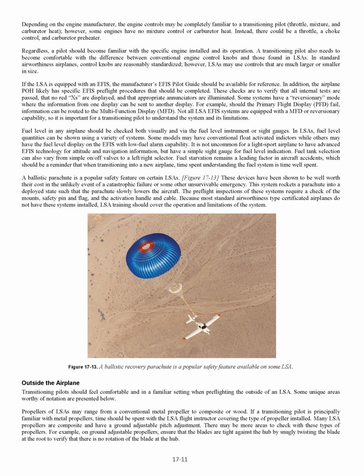Depending on the engine manufacturer, the engine controls may be completely familiar to a transitioning pilot: throttle, mixture, and carburetor heat. However, some engines have no mixture control or carburetor heat. Instead, there could be a throttle, a choke control, and carburetor preheater. Regardless, a pilot should become familiar with the specific engine installed and its operation.